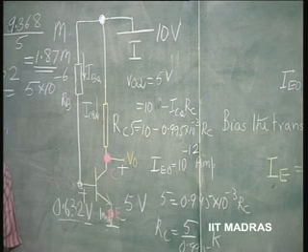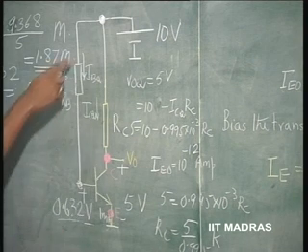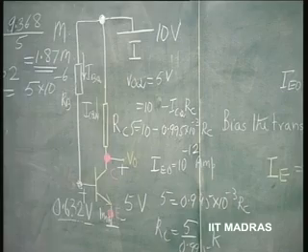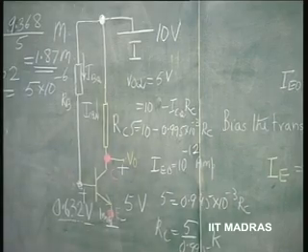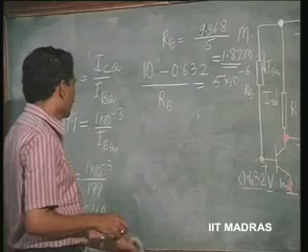So, what should you do? This is not again that stable a way of biasing. Fixing IBQ is not good. What should be fixed is IEQ itself, and that can be done in the following manner.